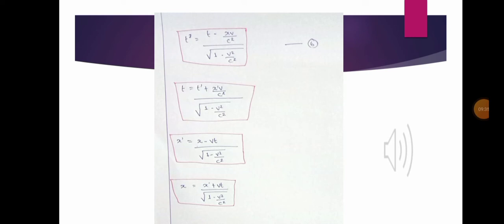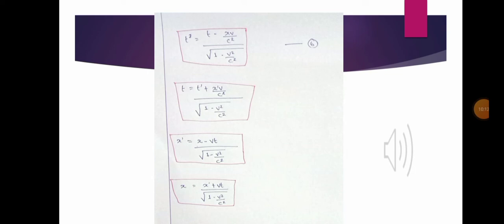This is the second Lorentz transformation equation.